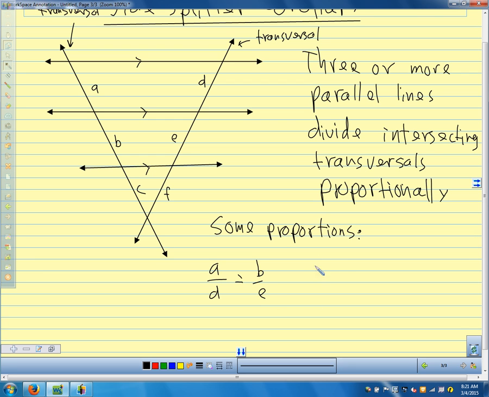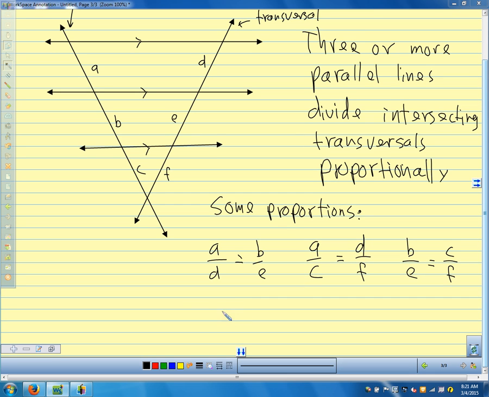How about A over C? What could I match up with A over C? D over F. Yes. How about B over E? What? C over F.